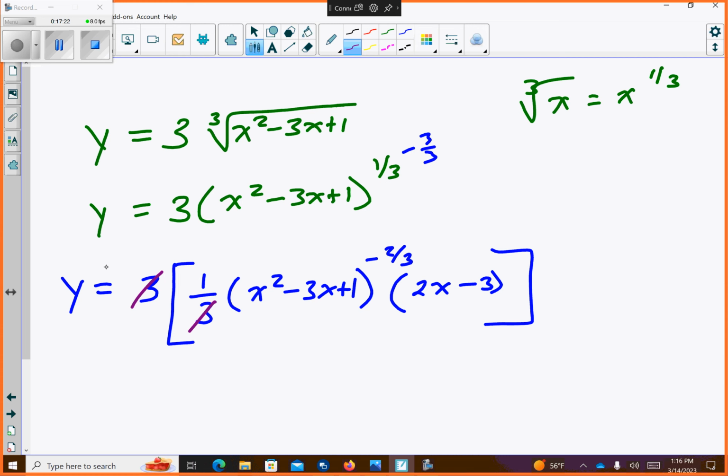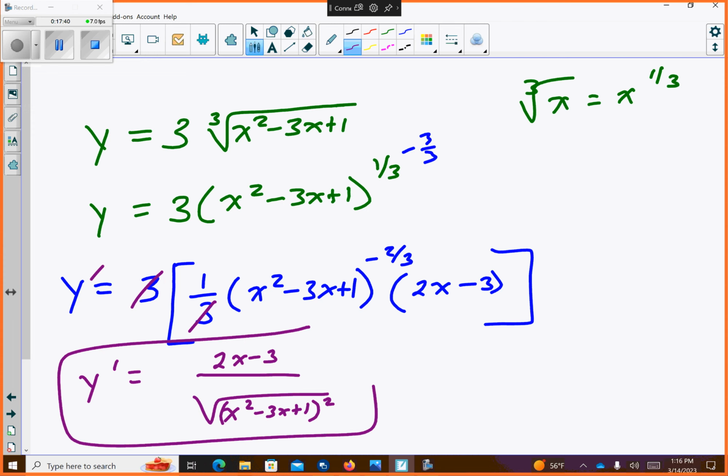If you truly wanted to clean this up, the cleaned up version is going to look like this: 2x minus 3 over the third root of x squared minus 3x plus 1, keep that in parentheses, squared. This is the derivative. And there ain't no way I'm going to try and fathom what that would be at x equals 1.